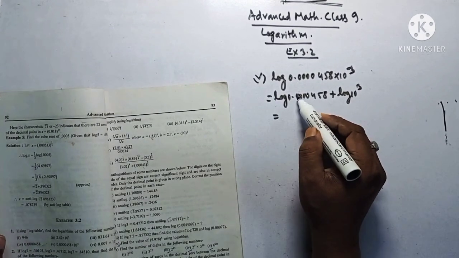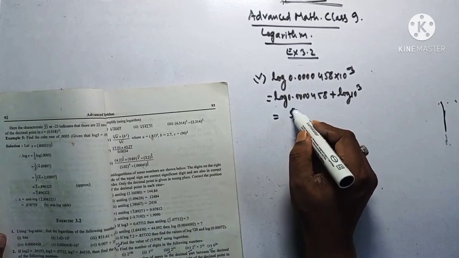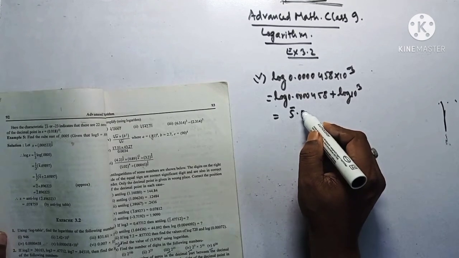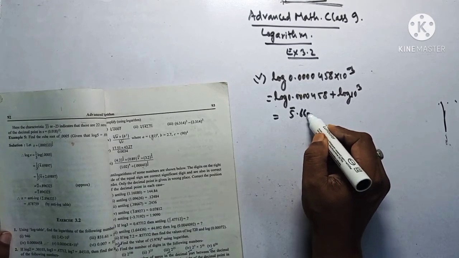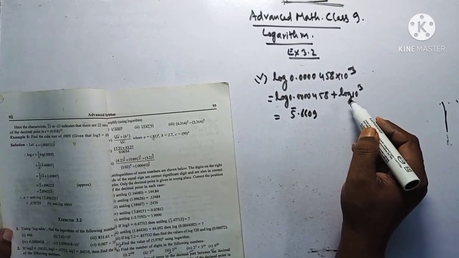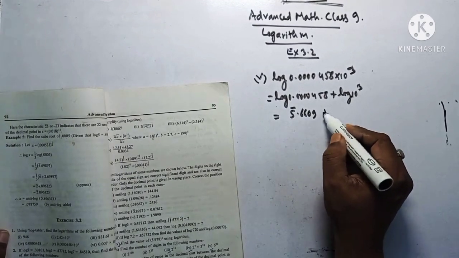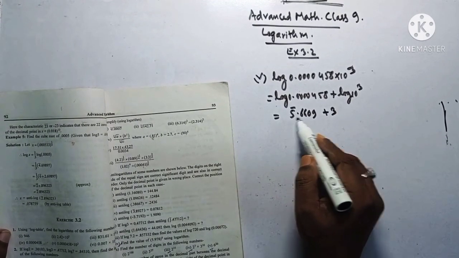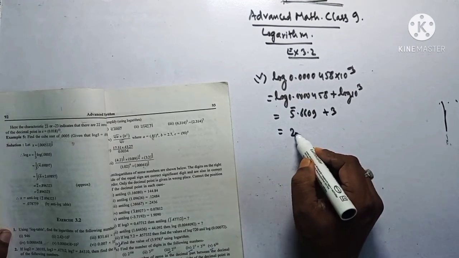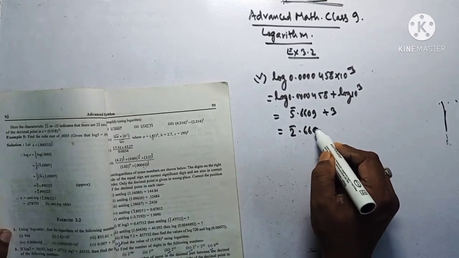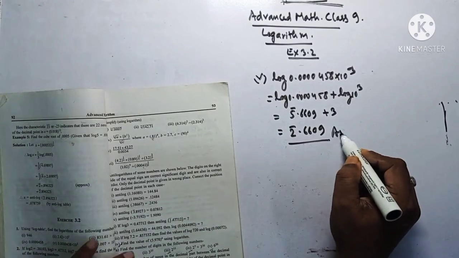So here again 5 bar point 6609, and this is plus 3, so minus 5 plus 3, this will be 2 bar point 6609. This is your answer.